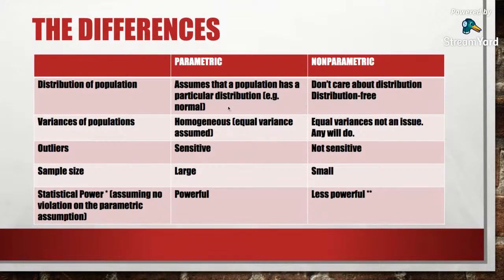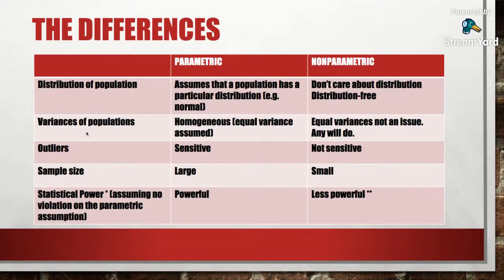However, if the distribution is not normal or somewhat skewed, it does not really follow the bell-shaped type of graph, then we can opt to use a non-parametric test because this test does not care about distribution. In other words, it's distribution free. So it does not matter if your distribution is skewed and the curve is not bell-shaped. We can use a non-parametric test.